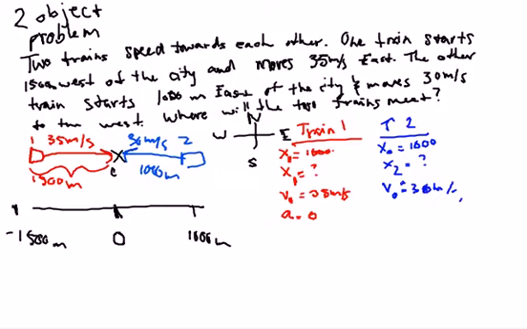Remember, direction is very, very important in physics. We tend to say that if it's going right, it's positive. If it's going left, it's negative. So the train on the left is going to the right, so it's positive. The train on the right is going to the left, so it's negative. This train also has 0 acceleration.